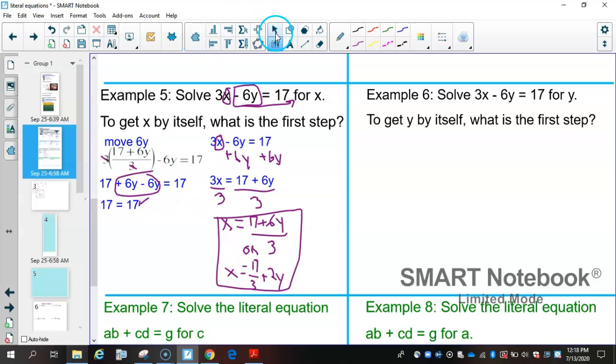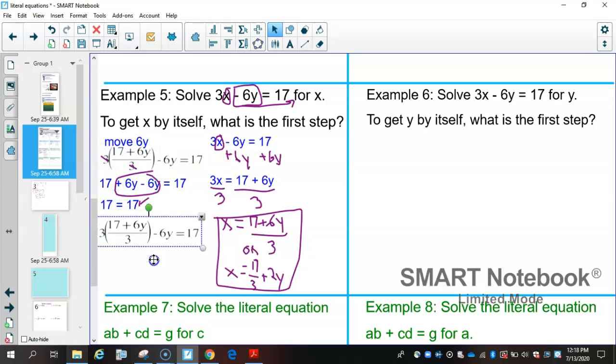Now I'm going to try the other example, this bottom one, 17 over 3 plus 2y, and it's going to look a little different. But we should still get the same answer. So let me fix this first.